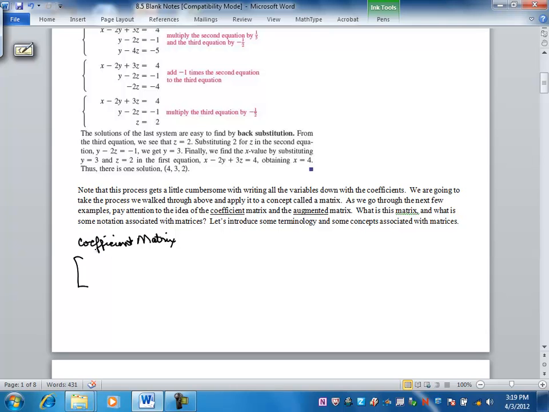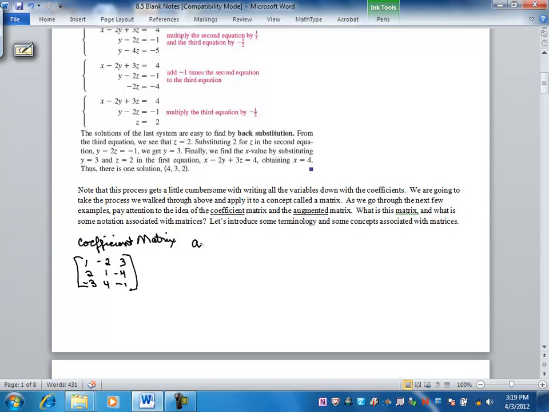So from the top equation, 1, -2, 3, then 2, 1, -4, and then -3, 4, and -1. There's the coefficient matrix.